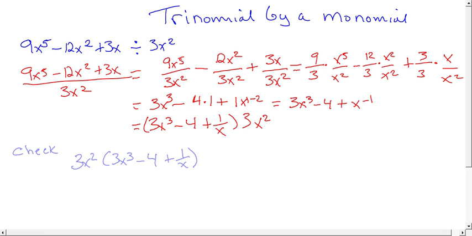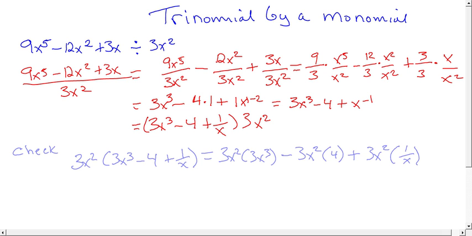Now what that's going to equal is 3x squared times 3x to the third. So let's go ahead and distribute that out. 3x squared times 3x cubed, and that's going to be minus 3x squared times 4, and this is going to be plus 3x squared times 1 over x.